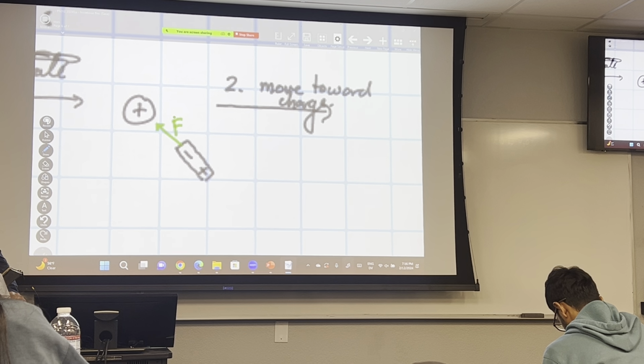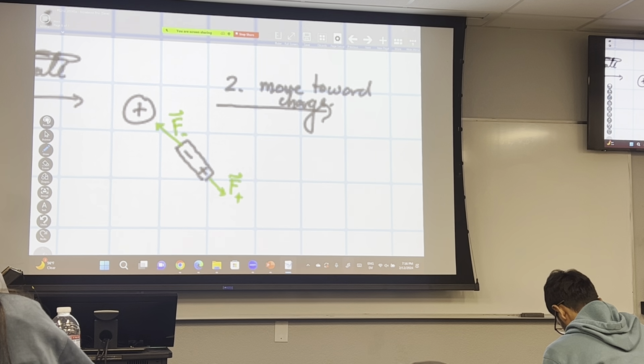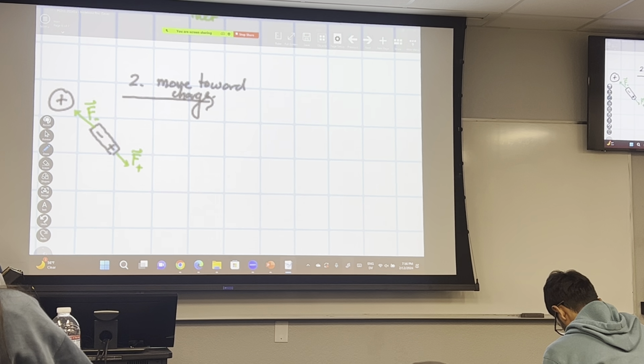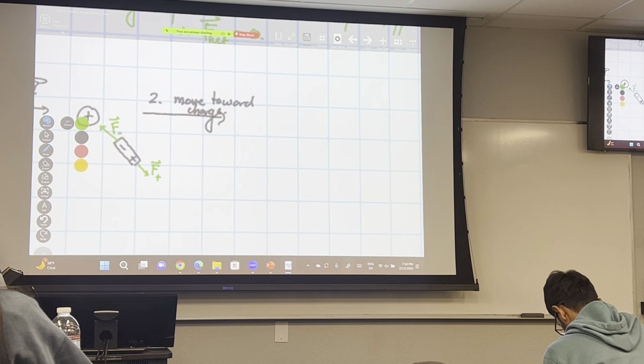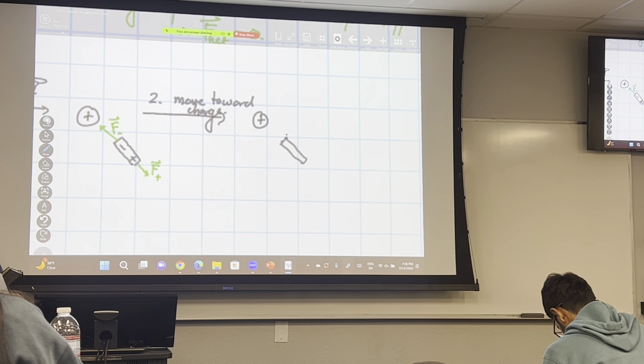So this will be F negative, and to emphasize that point, we'll make F positive much, much shorter. It will begin to move closer to the charge because of that non-uniform electric field idea.